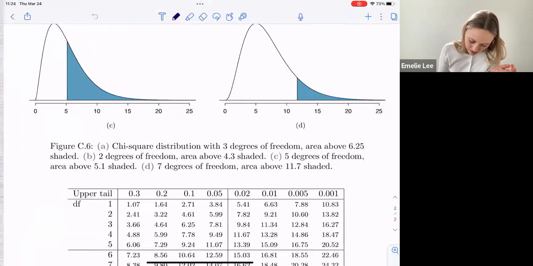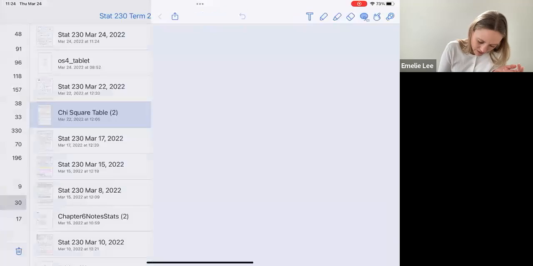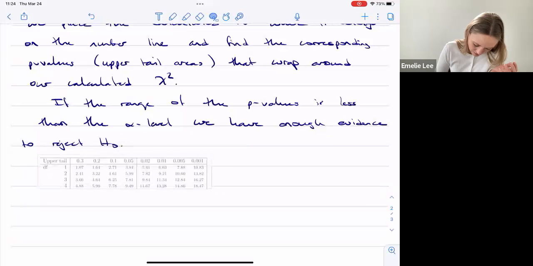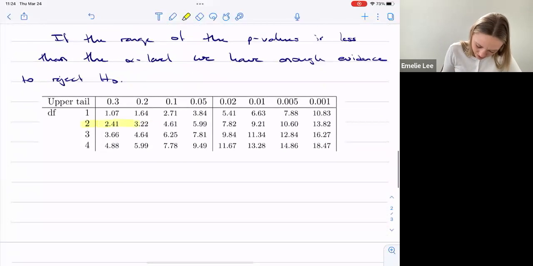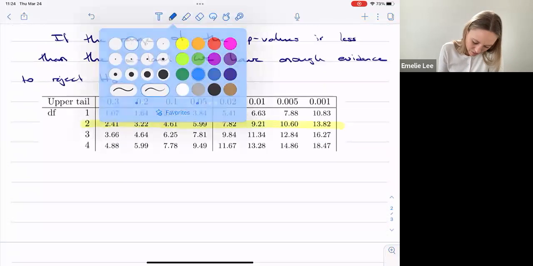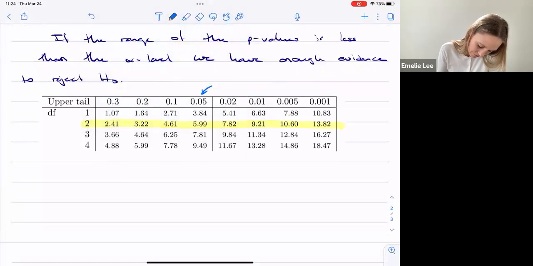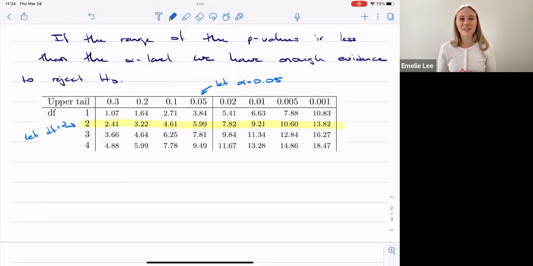Let me copy this in so I can draw on it. Let's say, for example, that I have 2 degrees of freedom, and let alpha be 0.05. How many categories do I have then? That means I have 3 categories, which is reasonable.